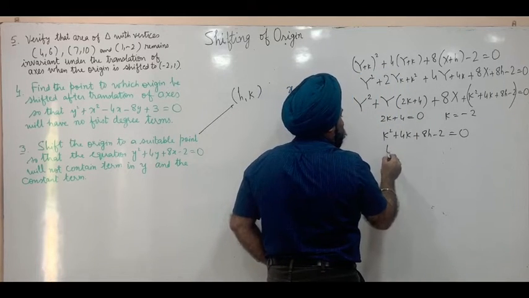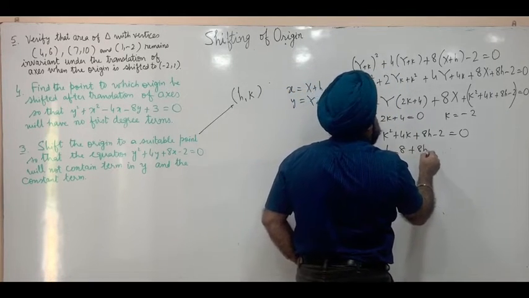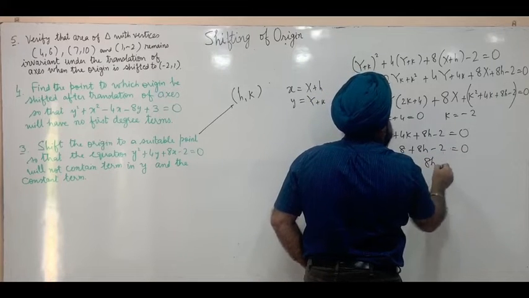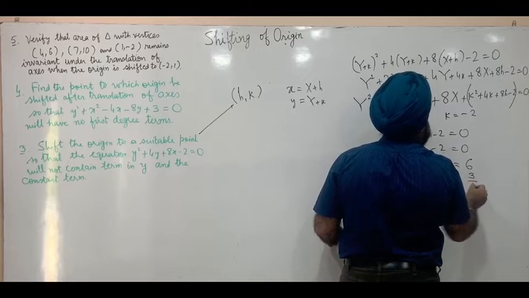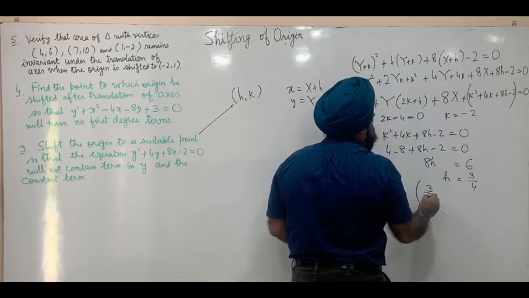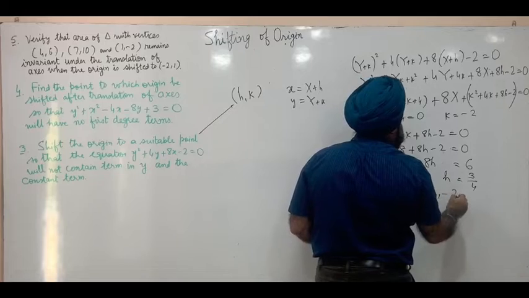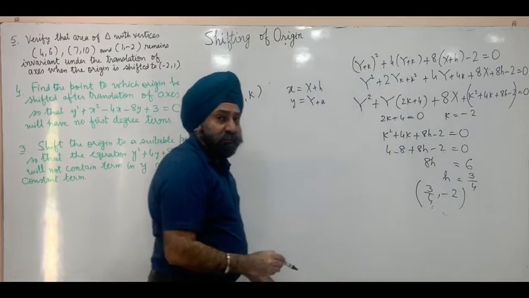Substituting the value of k, 8h is equal to 6, or h is 3 by 4. So that means the origin should be shifted to (h, k) equal to (3/4, -2).